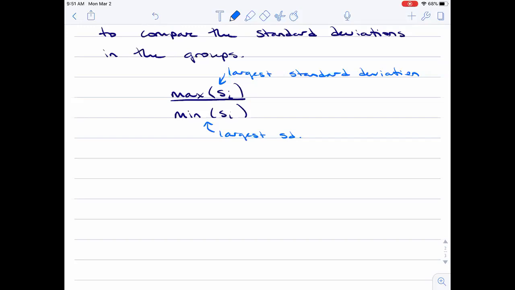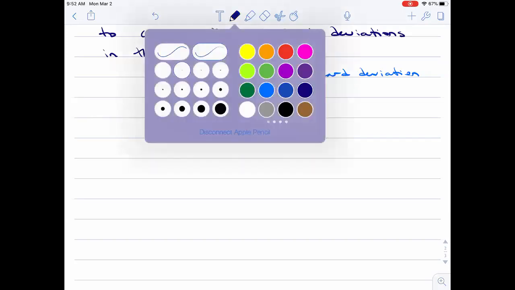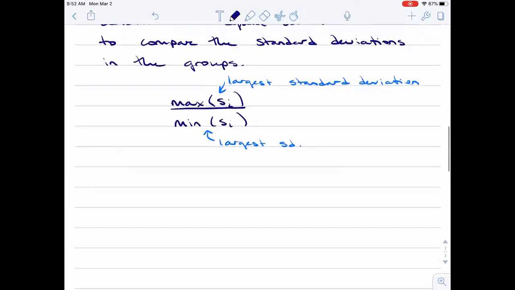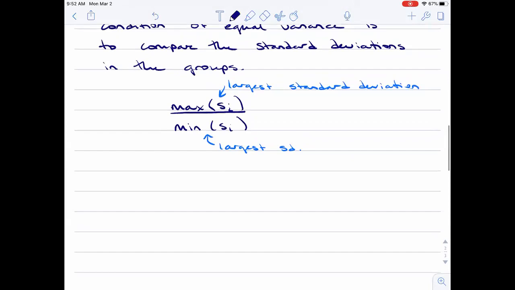So you need to calculate the standard deviations for each group, then take the maximum over the minimum, and as long as that ratio is less than 2, then the condition is met.